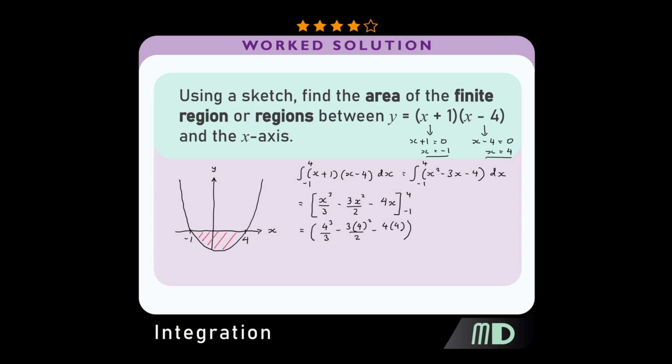Then we substitute minus 1 for x, giving us minus 1 cubed divided by 3 minus 3 multiplied by minus 1 squared divided by 2 minus 4 multiplied by minus 1. We need to evaluate and subtract these expressions.